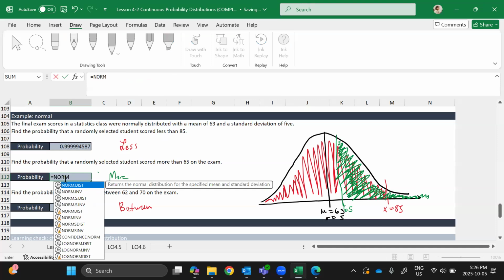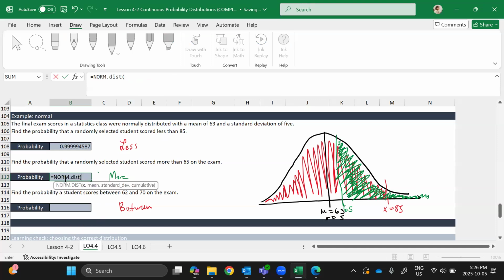For more than type questions, you can use norm.dist. The value from the question, 65. The mean, 63. The standard deviation, 5. And cumulative true. The problem is when you write cumulative true in Excel, it always gives you the probability of being less than. So technically, this would give the probability of being less than 65, not more than 65.